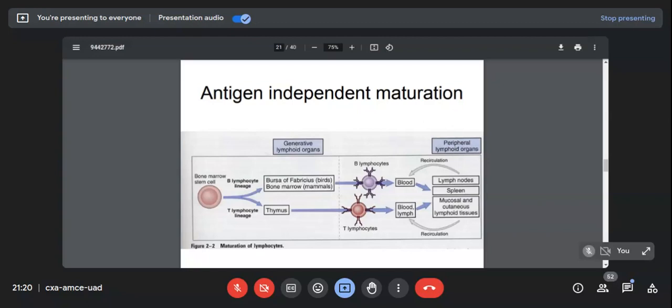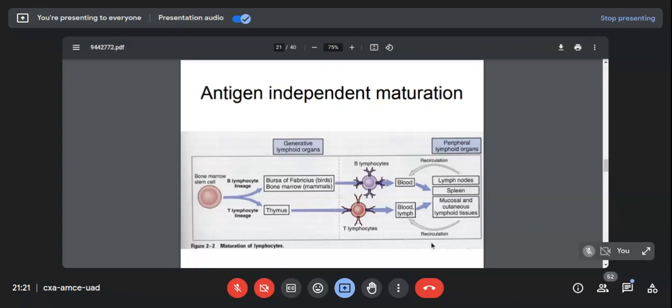So why are they named like this? The first type is named the generative or primary lymphoid organs because this is where you have B and T cell production and maturation. But in the peripheral lymphoid organs, also called the secondary lymphoid organs, that's where you have activation of the B and T cells.